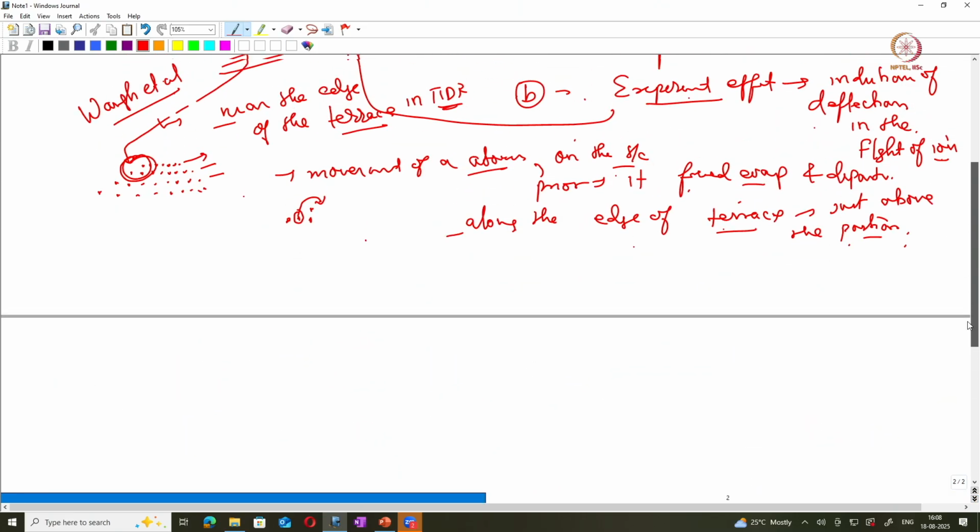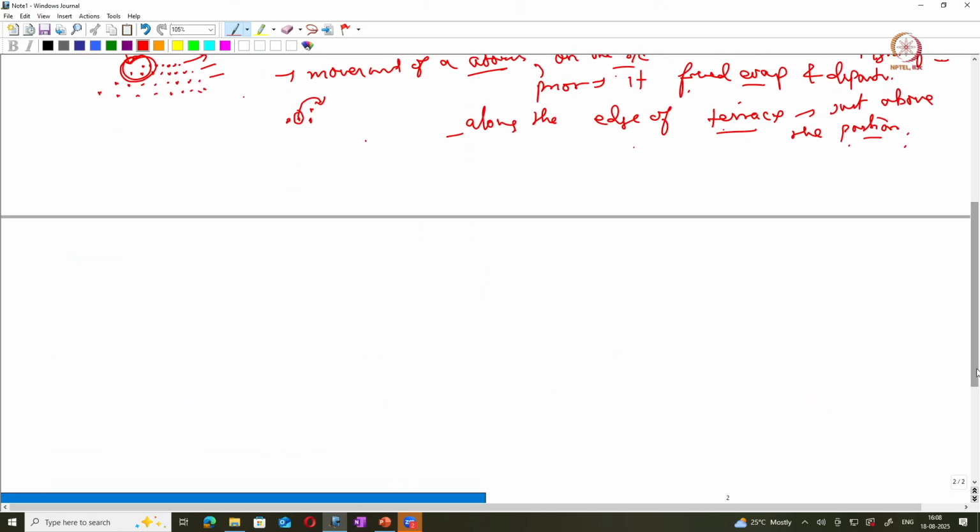Now another kind, due to the effect of experimental effects, is called trajectory aberrations.